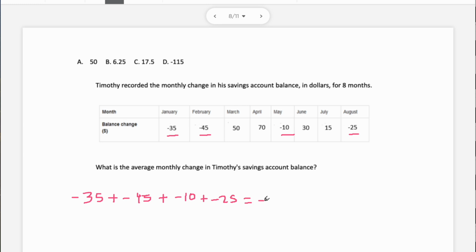So we know the answer is negative because you're just adding up a bunch of negatives. And the answer to that is, let me see real quick, 5 and 5, 15. That would be -115 for the negatives.